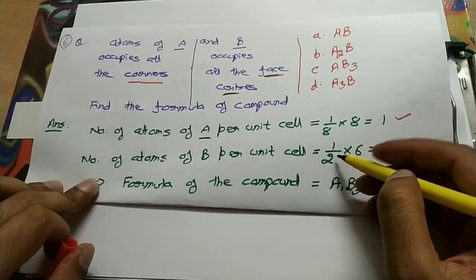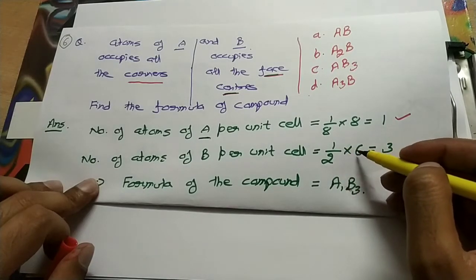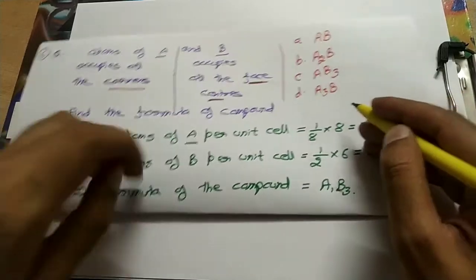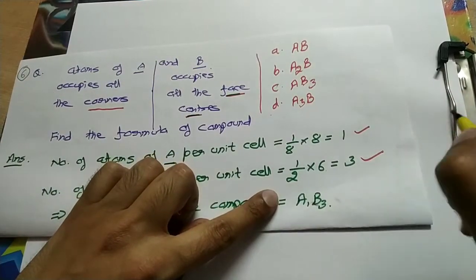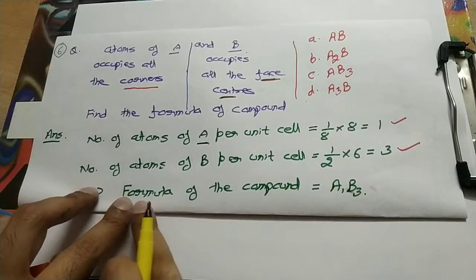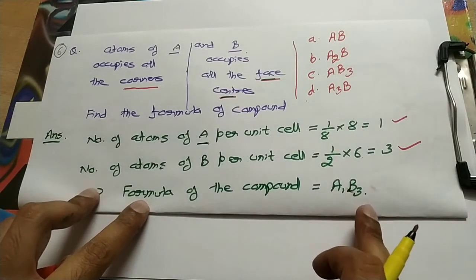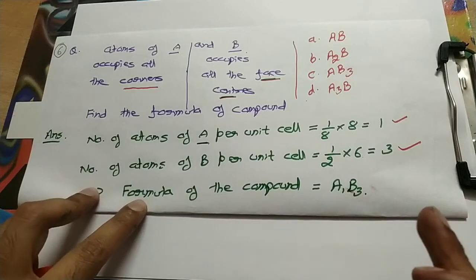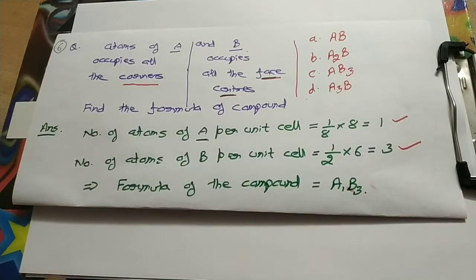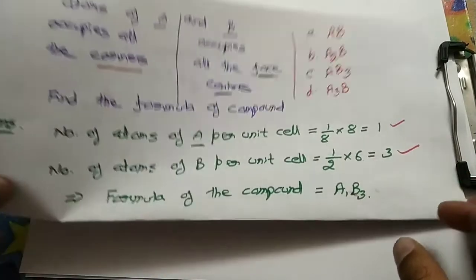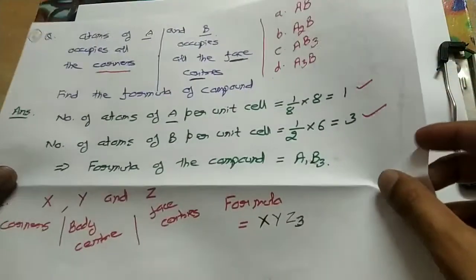We have done this earlier. Half into total number of faces 6, half into 6, 3. So formula of this compound is AB3. Okay. Similarly, one more.